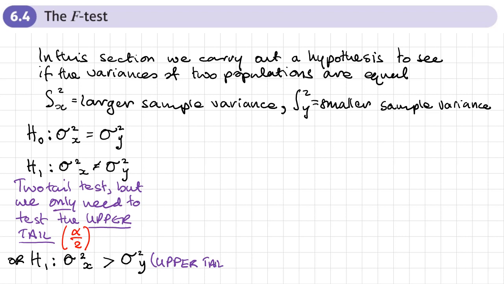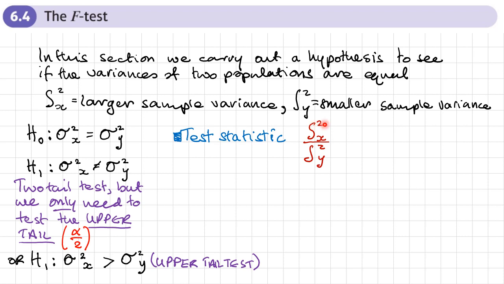Again, the first population is the one that's got the largest sample variance. Next, we want to work out our test statistic, and that's going to be the sample variance of X, the one with the larger value, divided by the sample variance of Y.